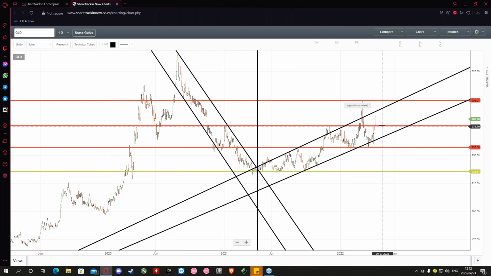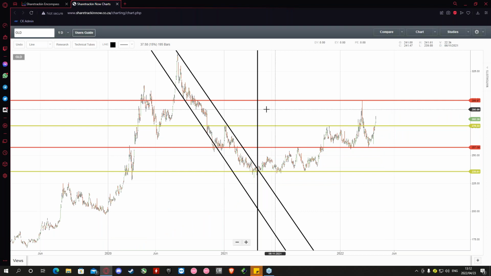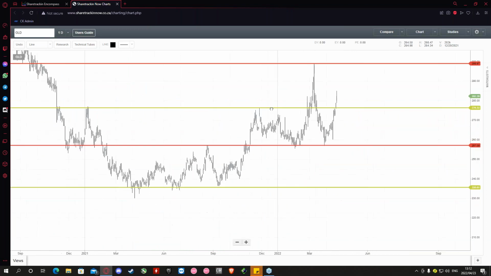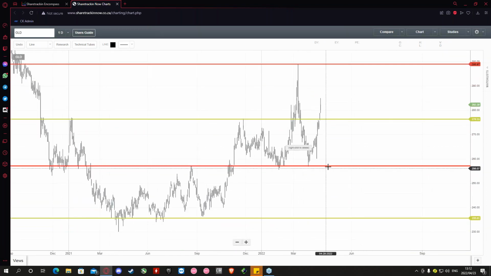If it doesn't go back to the support, the only other option it has is to go back to the trend line. If it breaks through the trend line, then it can go back to the next support. Okay, and so on and so forth, and it can continue bouncing between those lines. Okay, so that's the basics of your support and your resistance and your trend lines.